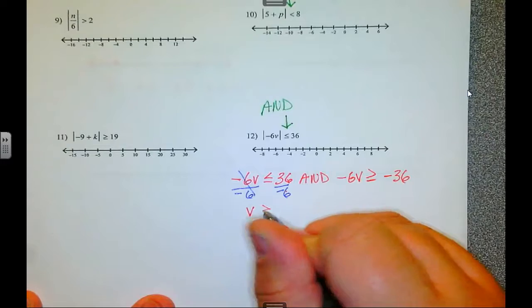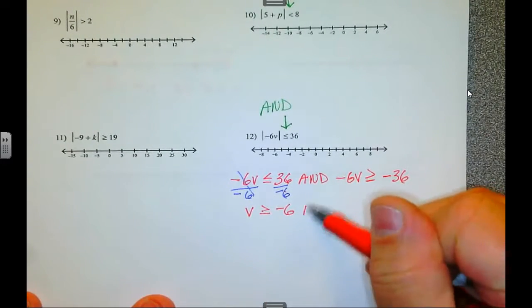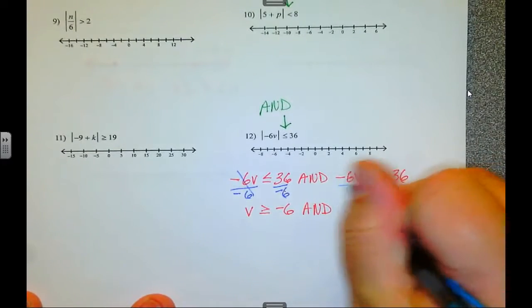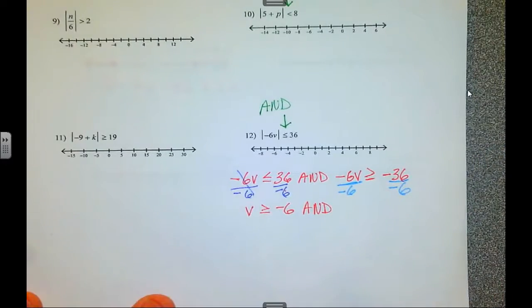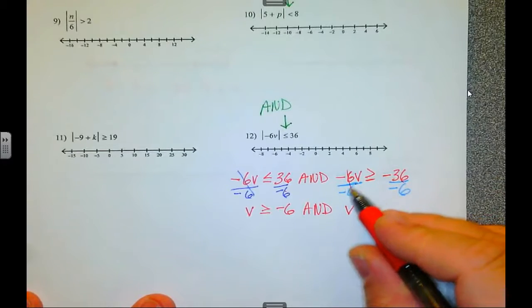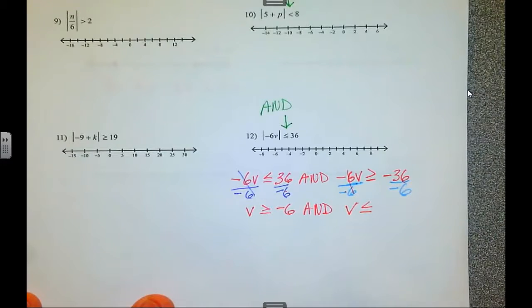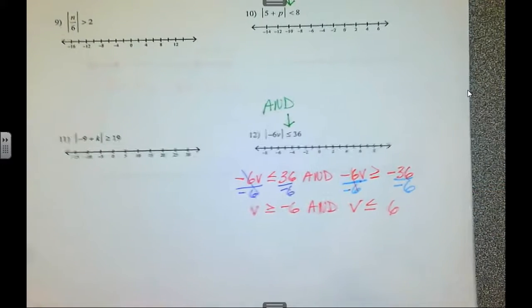So I have to flip that sign. Same with the other side. Divide by negative 6, divide by negative 6. So I get v, I divided by a negative number, so I have to flip my sign. Negative 36 divided by negative 6, positive 6.